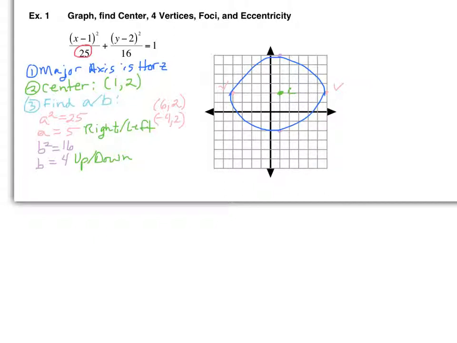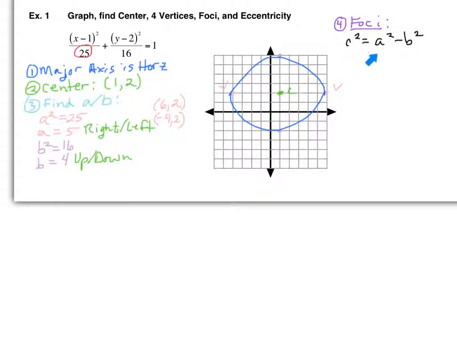So then step 4, foci. What do I need to find the foci? Very good. So c squared is equal to a squared minus b squared. I've got to find c because the foci are c units away from the center. And so I already know a squared and b squared. I don't have to use a and b because I know a squared and b squared.